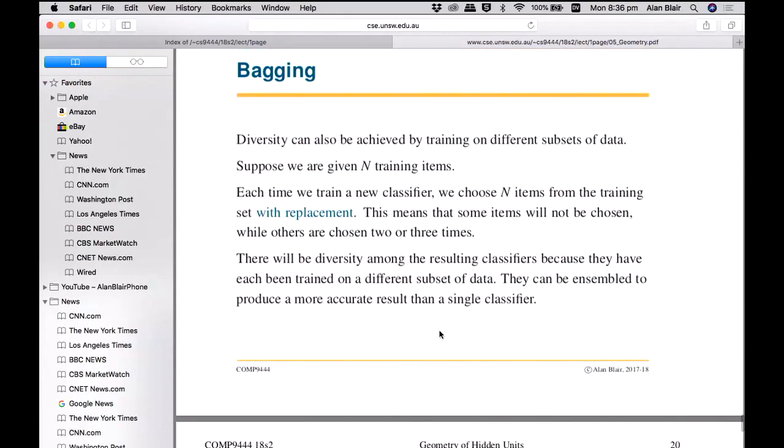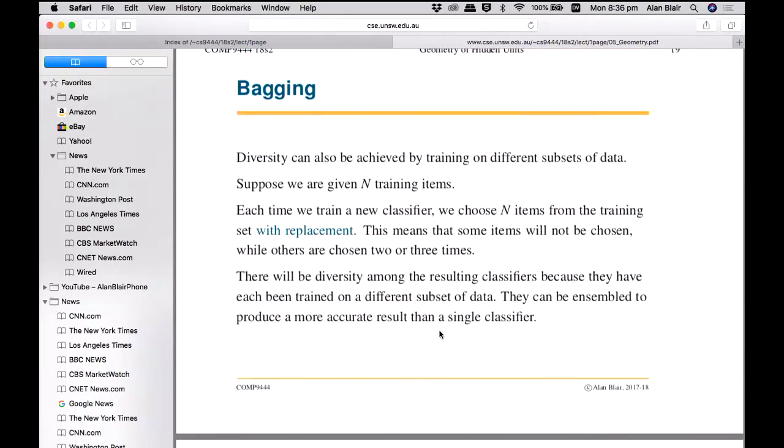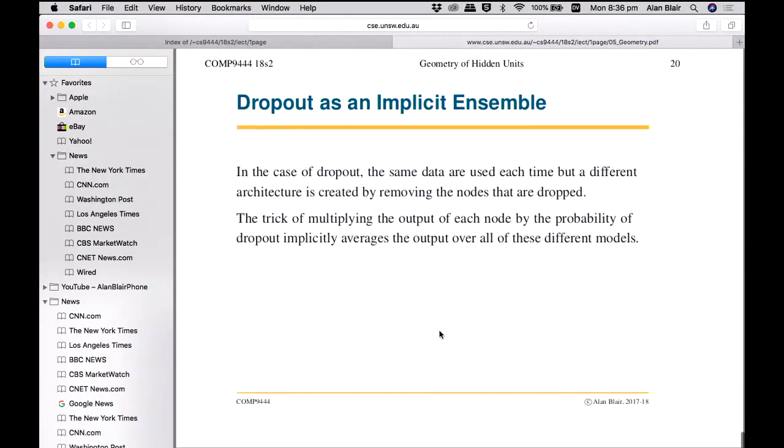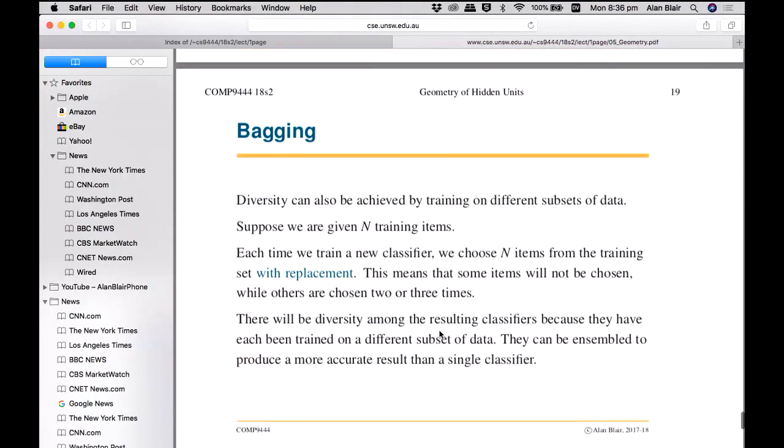Bagging is another approach. Let's say you don't want to use different architectures, you just want the same architecture. Sometimes we choose different training sets.